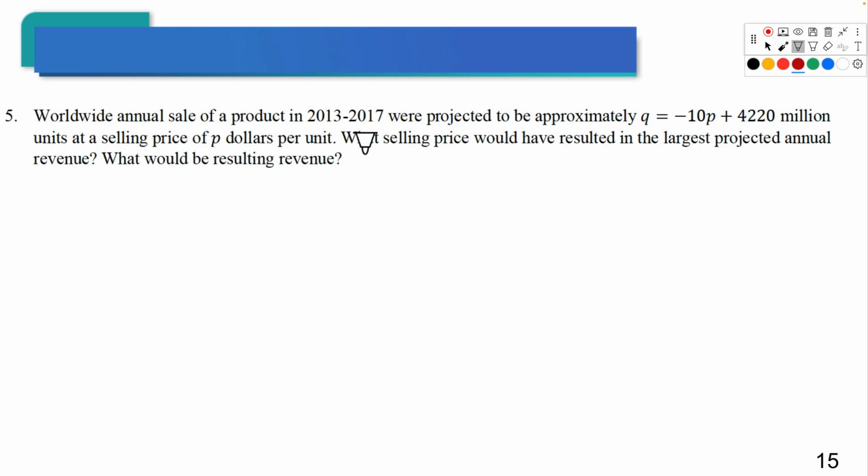So one thing I want to highlight is, this is directly from the review. Worldwide annual sales of a product were projected to be approximately this. So this Q is quantity of the amount sold, in millions of units. P is the dollars per unit. So that's the price.